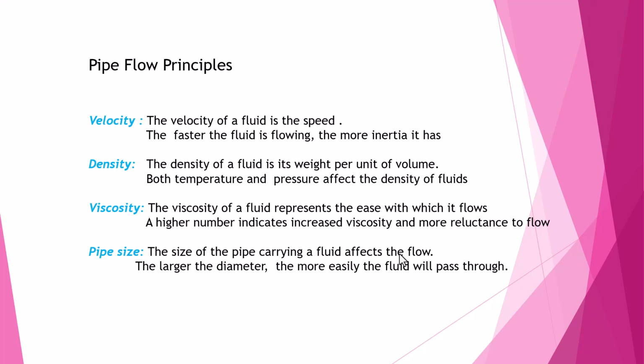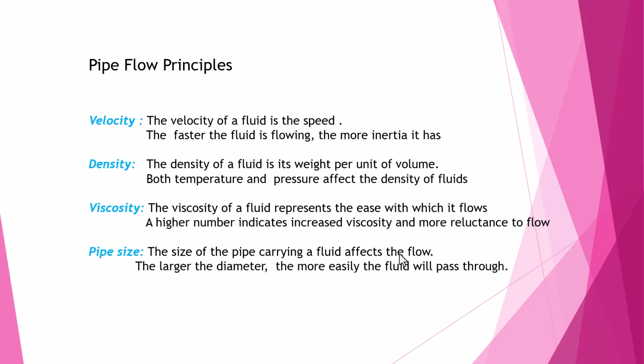Velocity is just speed. The faster the fluid is flowing, the more inertia it has. Density: the density of a fluid is weight per unit of volume. Both temperature and pressure affect the density of the fluid. Viscosity: viscosity of a fluid represents the ease with which it flows.